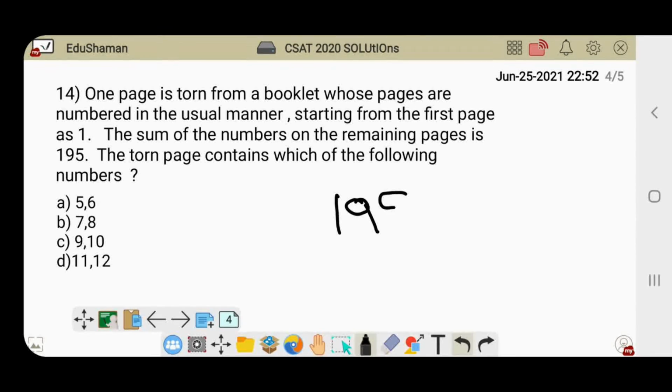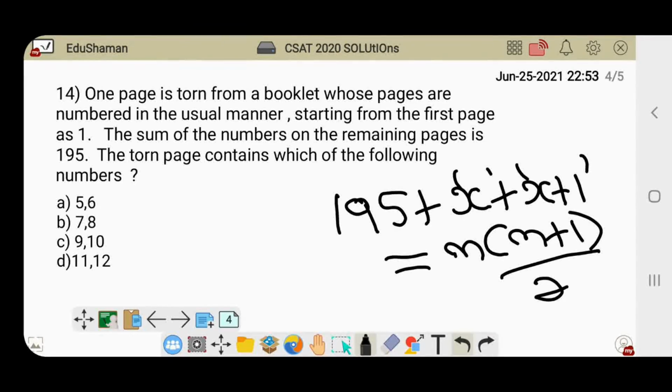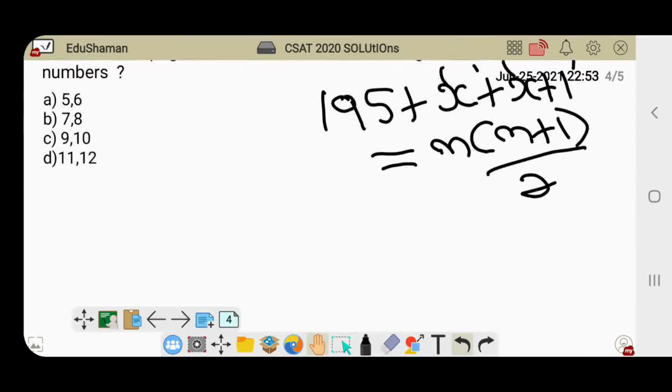We don't know what our answer is yet. So if you put it in an equation, it would be something like this: 195 plus x plus 1 is equal to n into n plus 1 by 2. From where did I get this n into n plus 1 by 2?